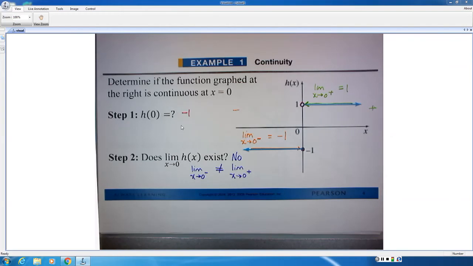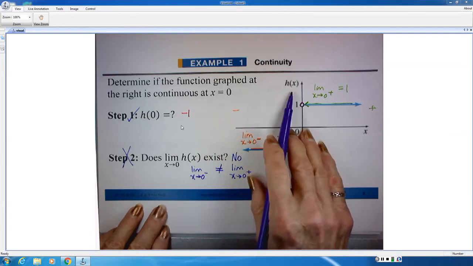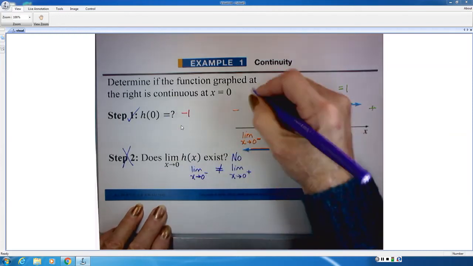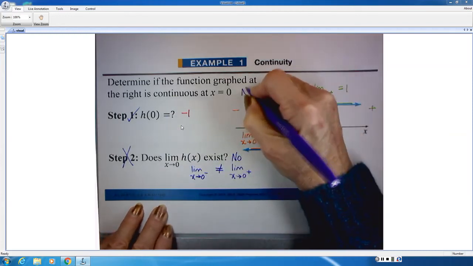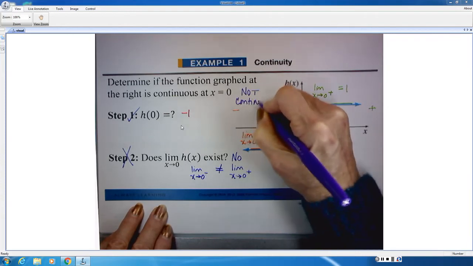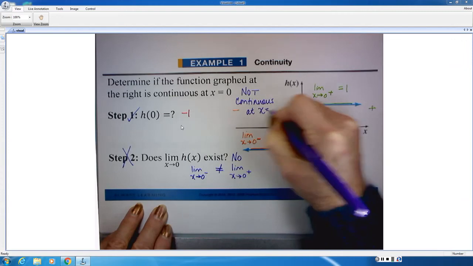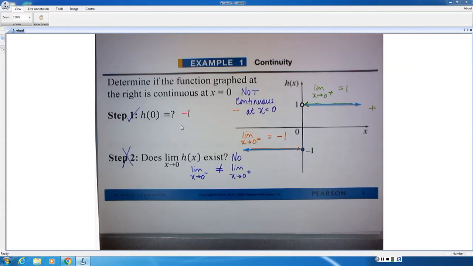So we passed step 1 just fine, but we failed at step 2. And for that reason, the function graphed at the right, h of x, is not continuous at x equals 0.